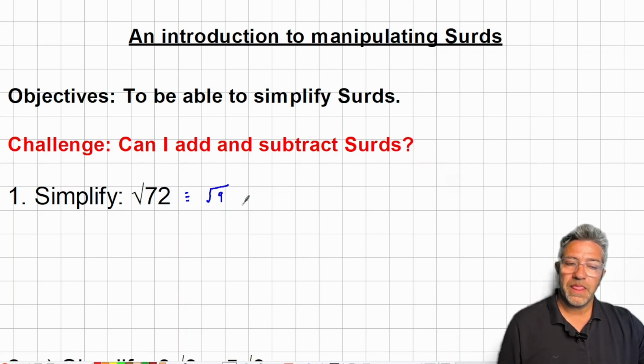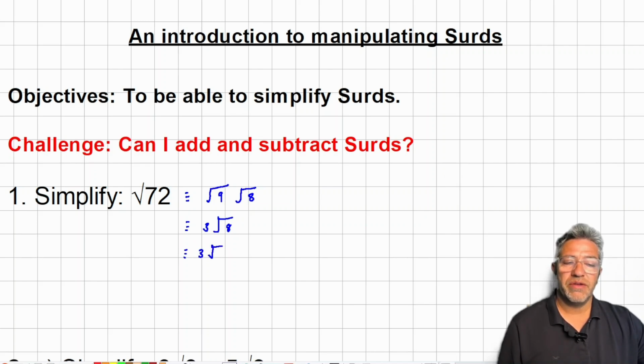Now, remember, we're not changing the value. How do we get back to 72? So we'd have to multiply 9 by 8. And some of you might be thinking that root 72 simplified is 3 root 8. It isn't. That's simpler, not simplest, because root 8 also has a square factor.